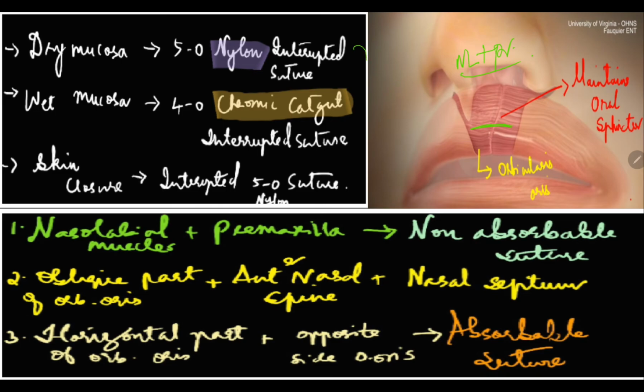When it comes to mucosa on the inner side, it is all by interrupted suture. As far as the interrupted suture is concerned, for dry mucosa it is 5-0 nylon, for wet mucosa it is 4-0 chromic catgut suture. At last, for clean skin closure, we do again interrupted 5-0 nylon sutures.